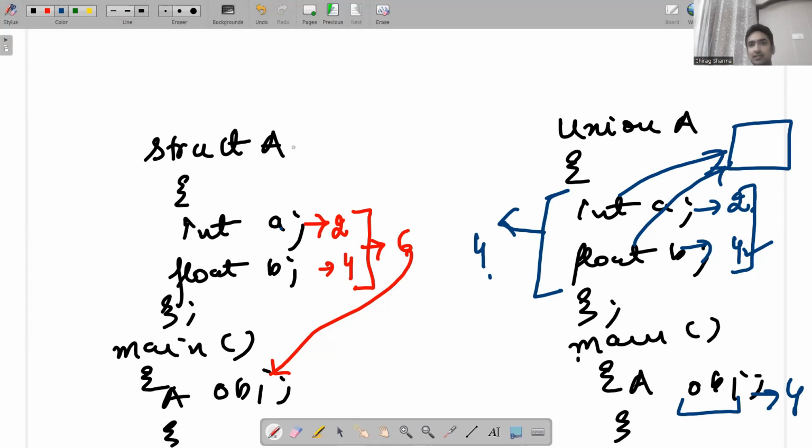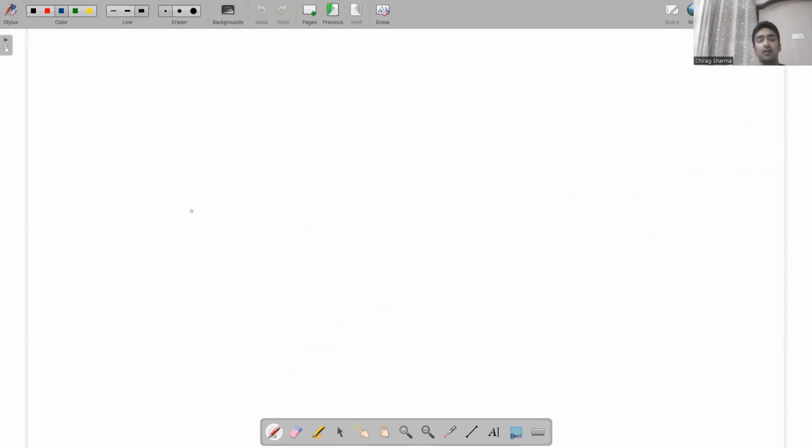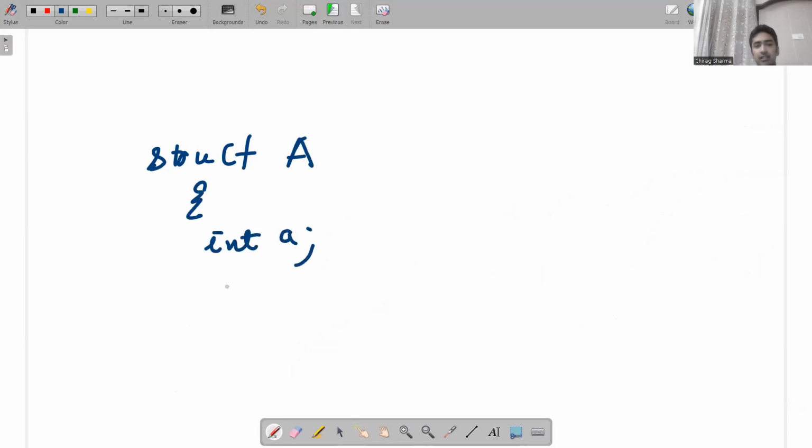But most of the students say this thing only, and there are some insights to the union part also. If I just take a simple example of struct, and I give it int A, and over here I write character C, and I am just getting the values.